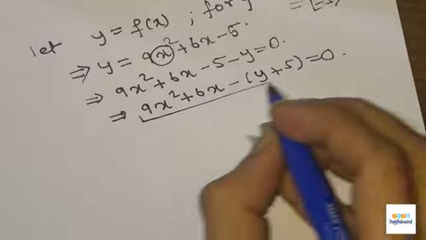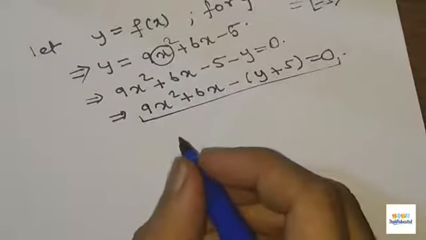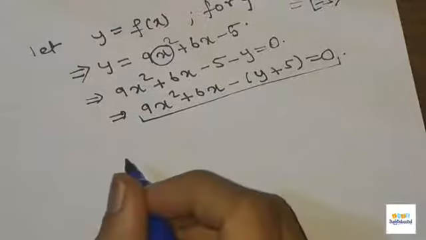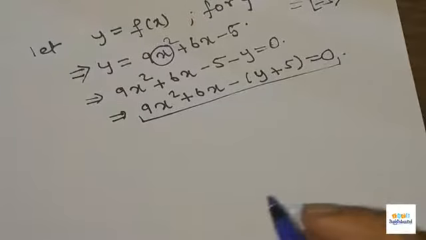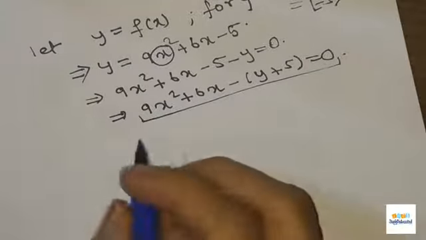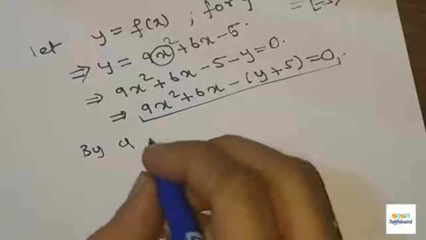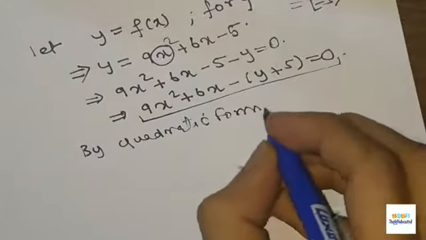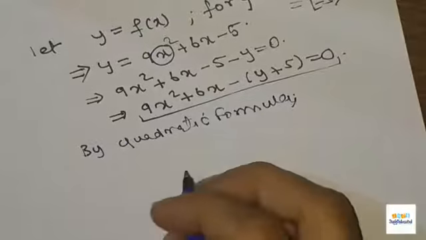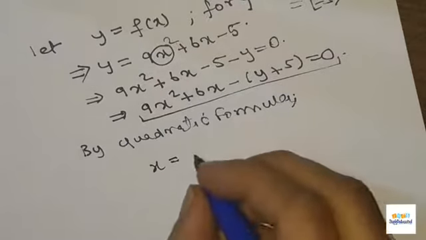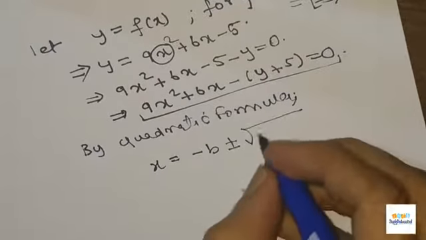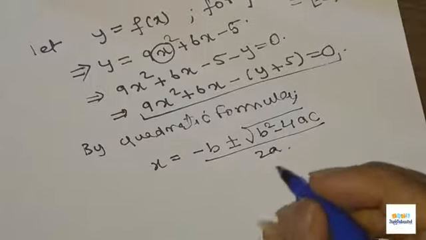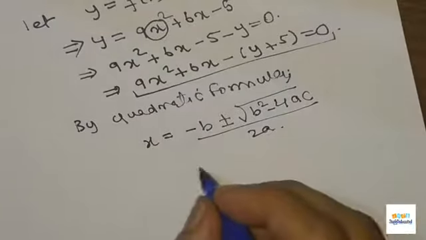Now you can observe this equation here. This equation is nothing but a quadratic equation in x, and you know how to solve this. You can use the quadratic formula. By the quadratic formula, x equal to minus b plus or minus root of b square minus 4ac divided by 2a. This is the formula.